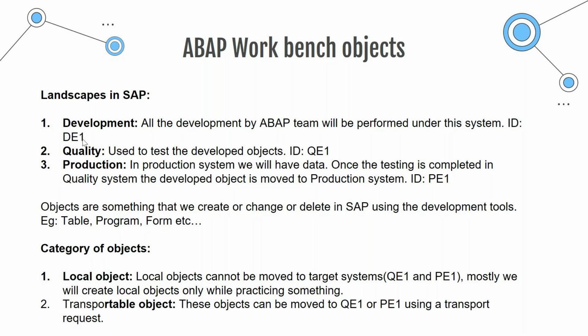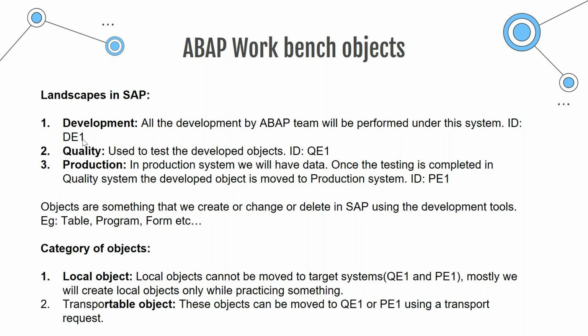Once you finish the development, testing has to be performed on the objects that you have developed. Now who will do the testing? Unlike Selenium or manual testers, we will not have a separate testing team in SAP.